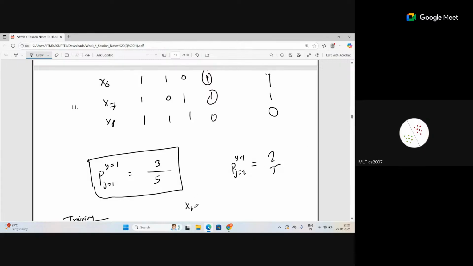Now I'll give you x test as, suppose, 1, 1, and 0, right? Can you calculate now? So you will have this thing with you. Similarly, you will do it for j equal to 2, j equal to 3, right? You have 3 for y equals to 1, and then you calculate. You understand the part?